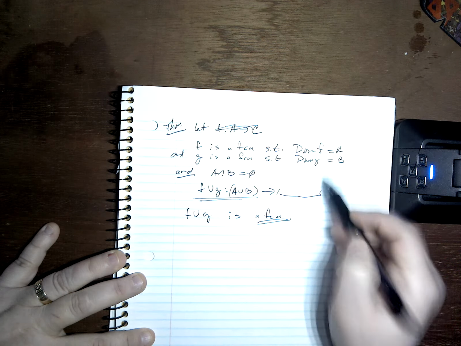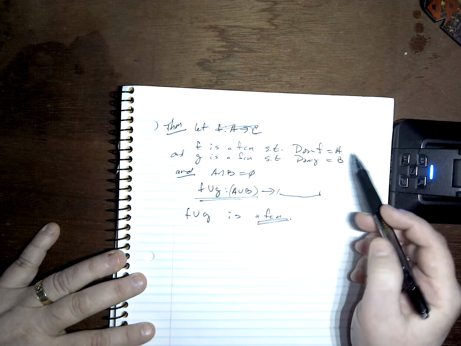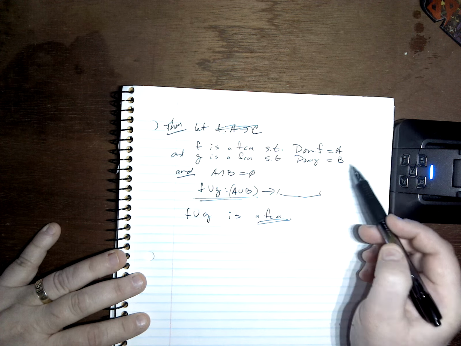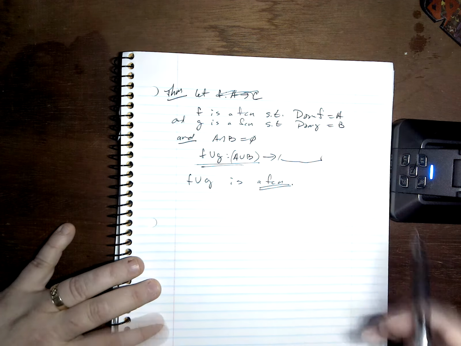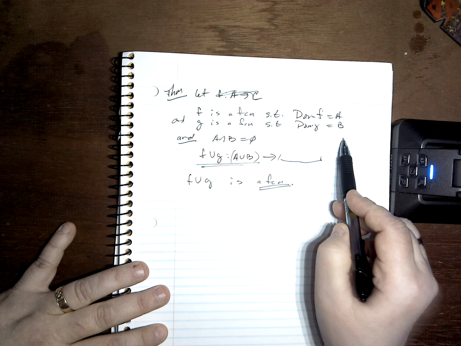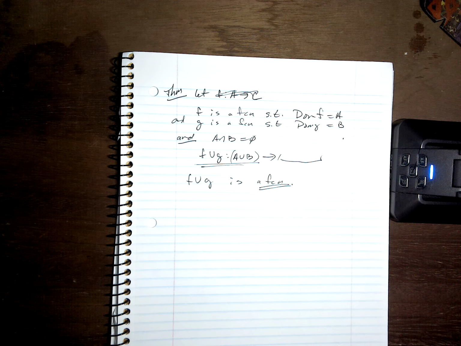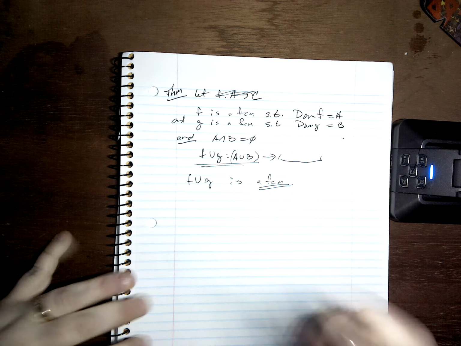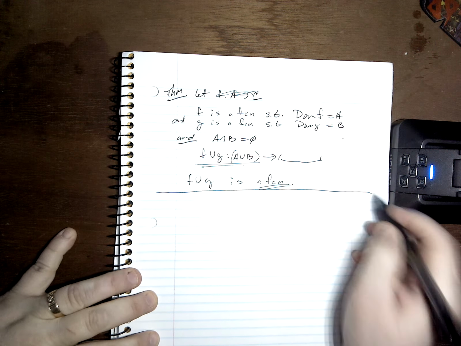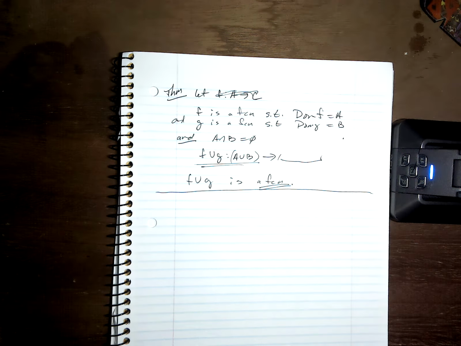We can glue functions together if we know that their domains do not intersect. We could also glue them together if we know that they agree on the domain. If wherever their domains agree, they have f of x equals g of x. So that will also be a function. Now this proof is also in your notes that I sent you, and I expect you to look at that.